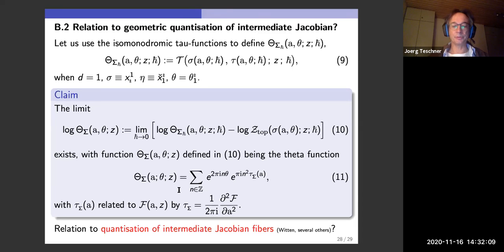And this in turn, if you just think about geometric quantization of this Jacobian torus fibration, well, the classical arguments of how you would geometrically quantize a torus, the geometric quantization of the torus gives the theta function. So this is some pretty well-known fact.